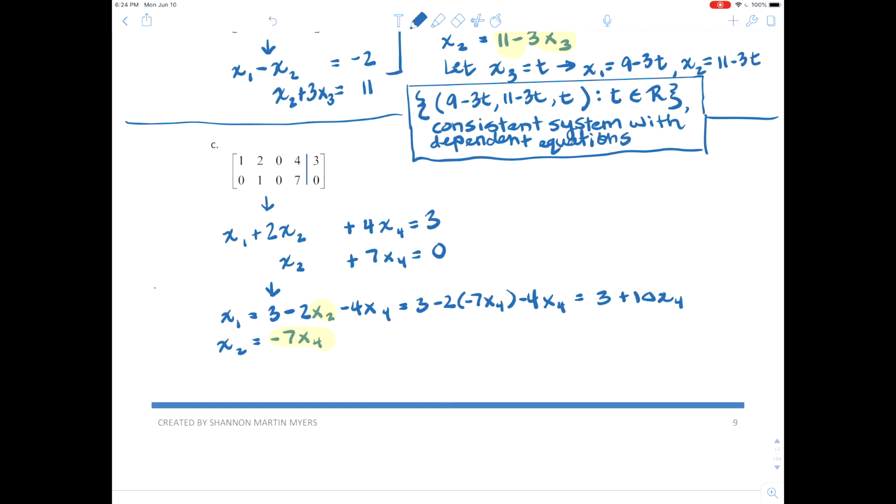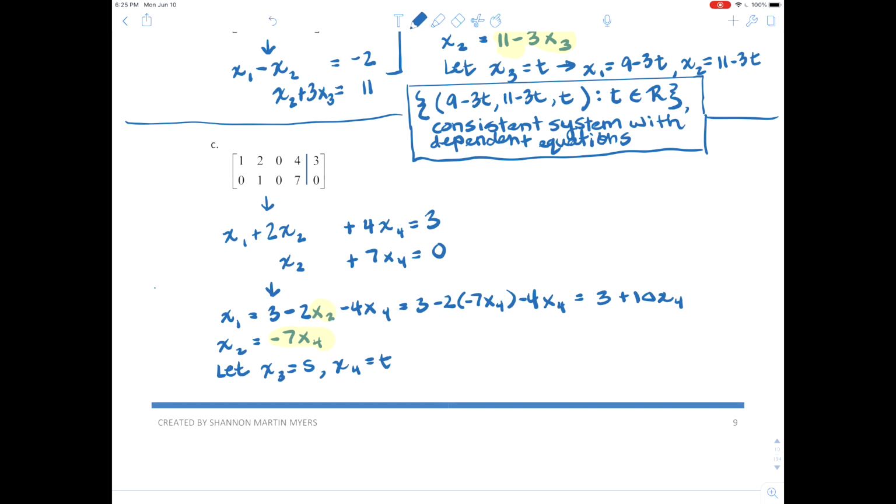All right, so how many parameters are we going to need? We're just going to need one for x3 and one for x4. So let's do it. We'll let x3 equal s and x4 equal t.